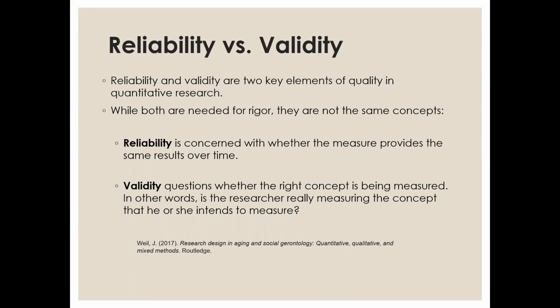If I'm assessing somebody and I say that they are not depressed and you assess them using the same measurement and say they are depressed, there's a problem with either the measurement or the instructions on how to use that assessment. So reliability means if we all do the same test, the same assessment, or if we do the same intervention with similar groups, we should get the same or similar results.